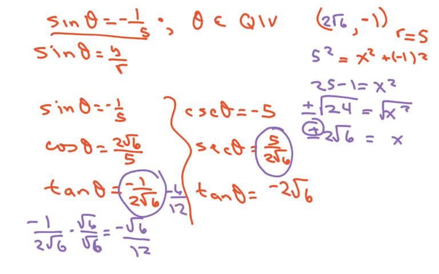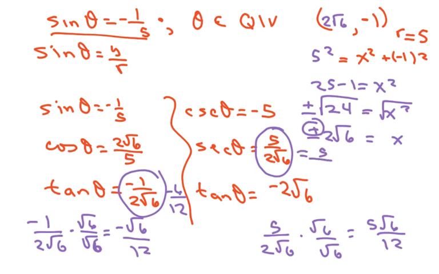And this one, I'll do that one too: 5 square root of 6 over 12. So it's kind of sloppy, but there's your two answers here.